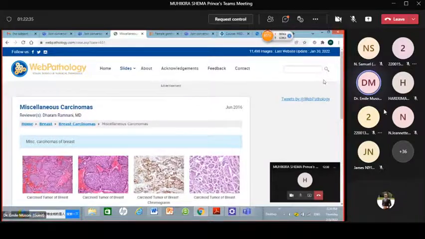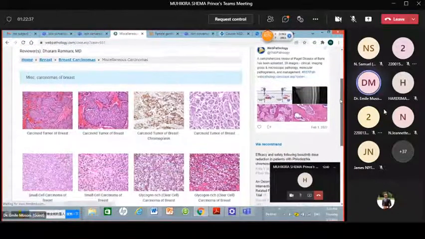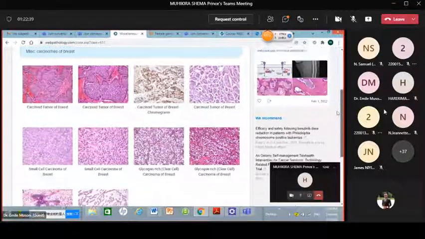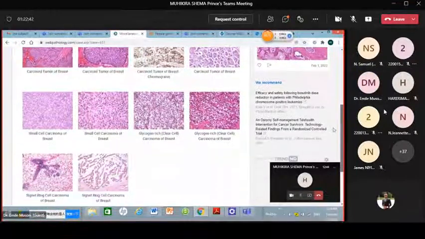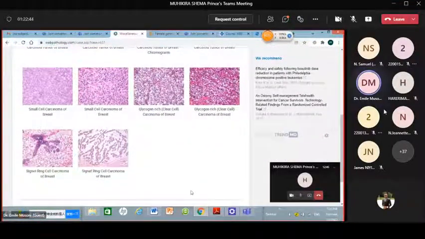Neuroendocrine carcinoma. These are carcinoid tumors, endocrine tumors. Signet ring cell carcinoma, but those are rare.